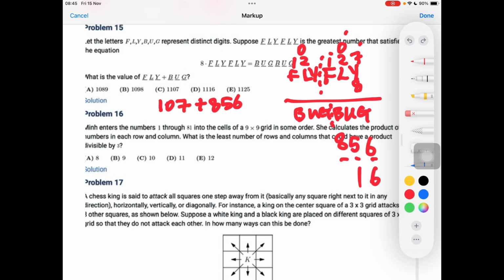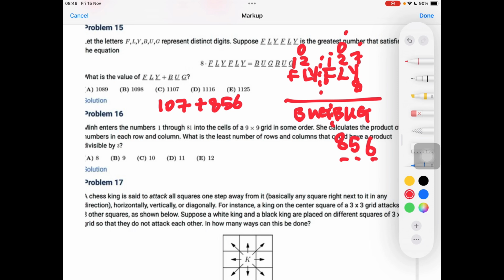But you know, I just guessed this number 7. I don't know how I reached the number. I just wanted to avoid a number that ends in 0 or 2 when multiplied by 8.